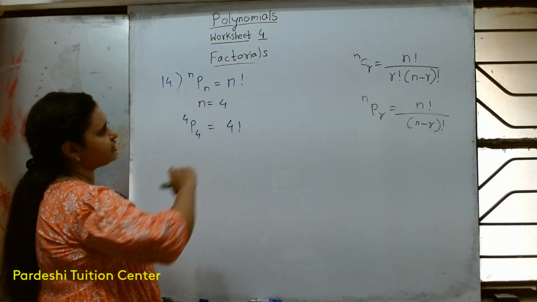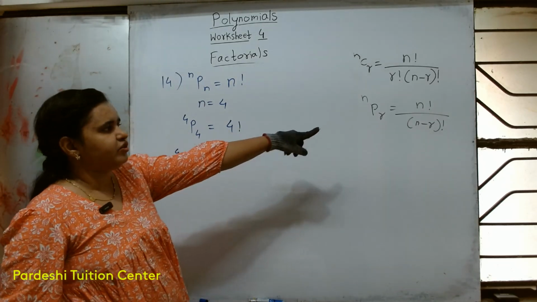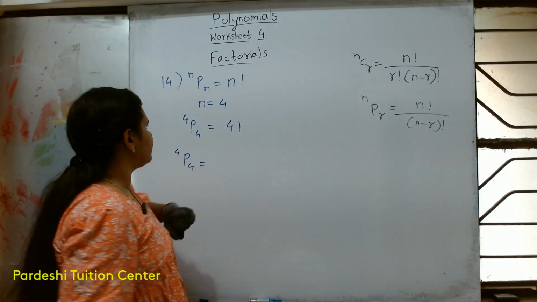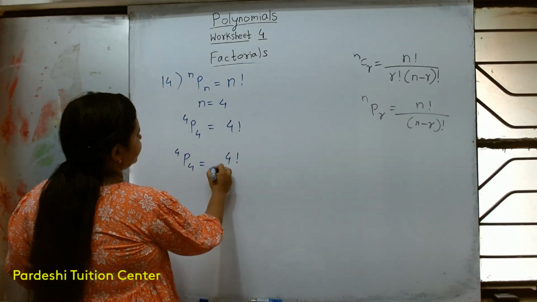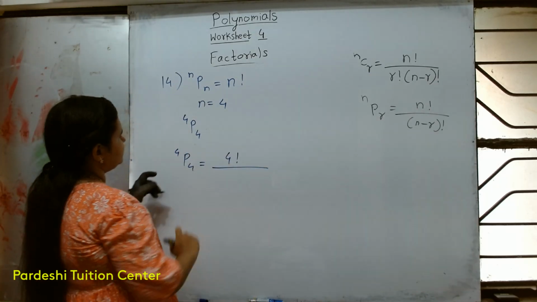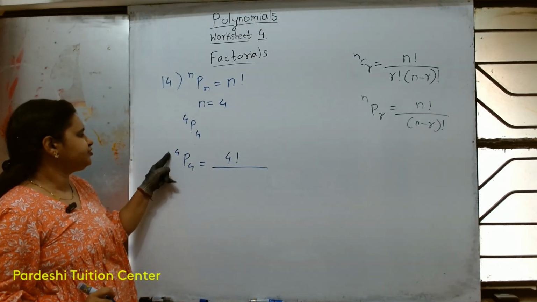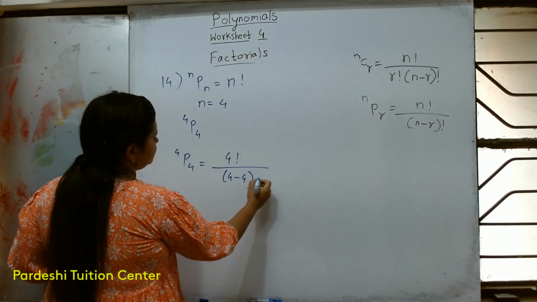According to that formula, 4P4 will equal n factorial upon (n minus r) factorial. Here we have taken n as 4, so it will be 4 factorial upon (n minus r), and here r is also 4, so 4 minus 4 factorial.